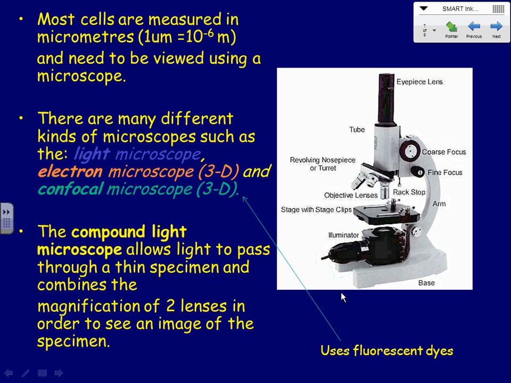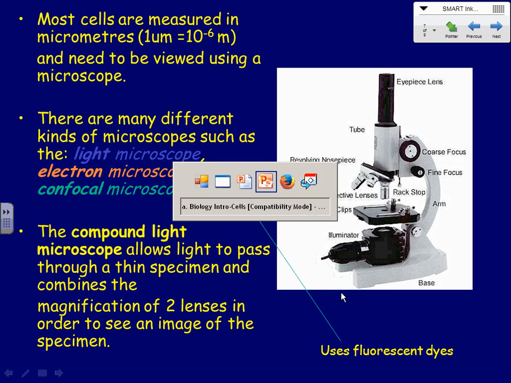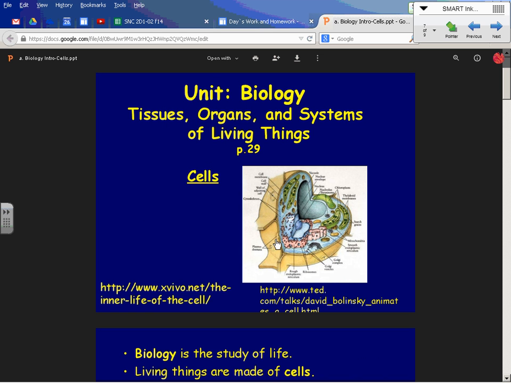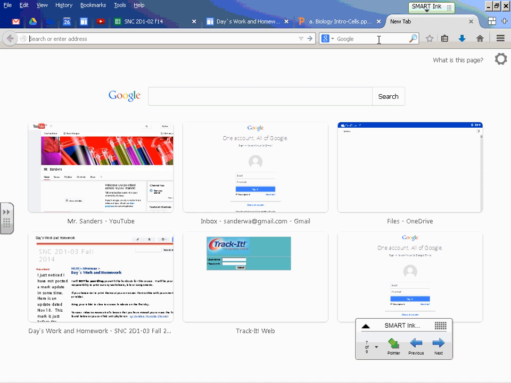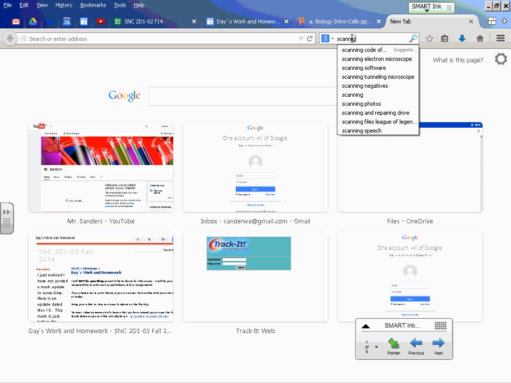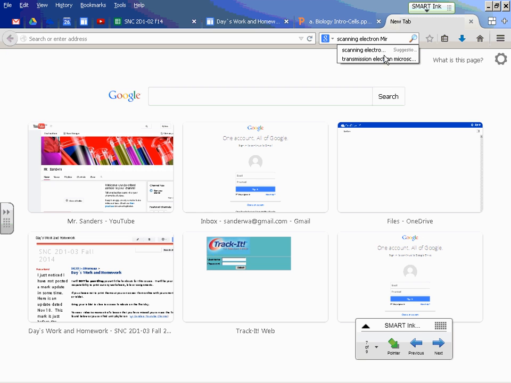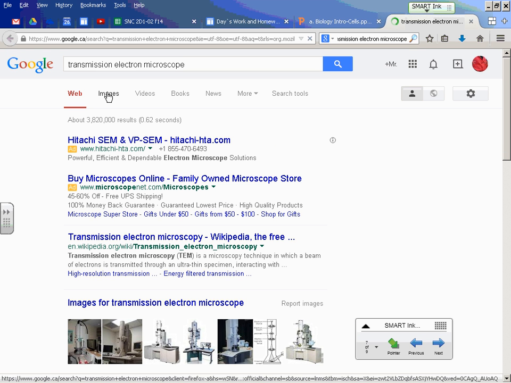Oh, here, let's check here, you guys. Okay, what do we got? Let's go to here, and let's get rid of this, and let's go with scanning electron microscope, and let's do images.